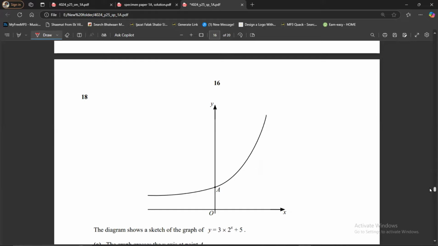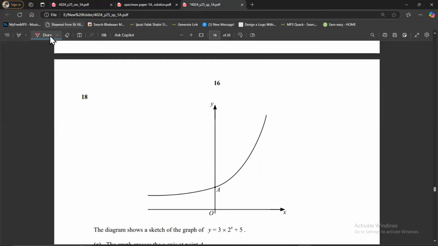But here we are talking about a horizontal line, a horizontal line to which the graph tries to approach, but does not reach. No matter what value of x you put there, the graph does not reach that line. It comes very near to that line.